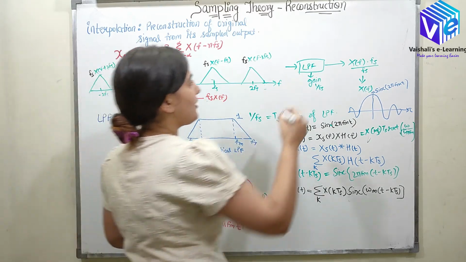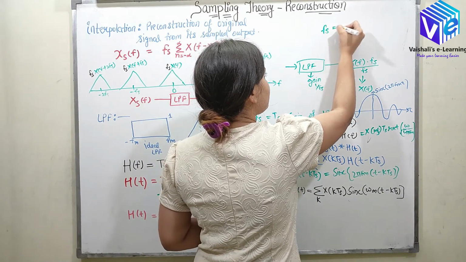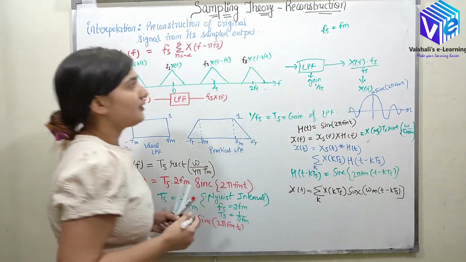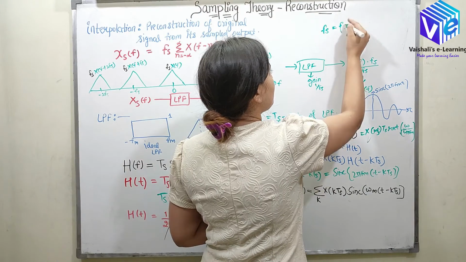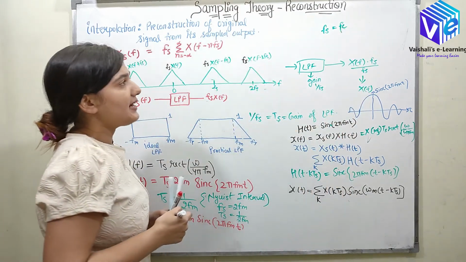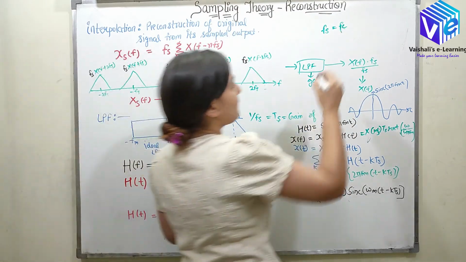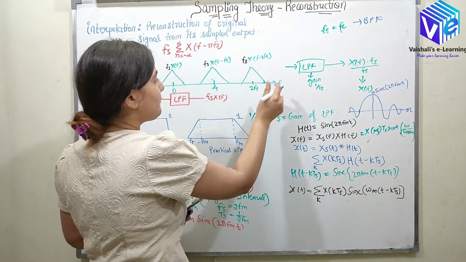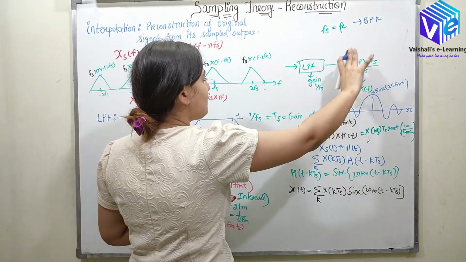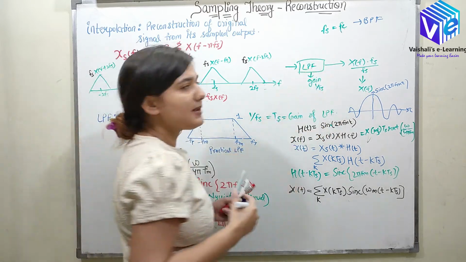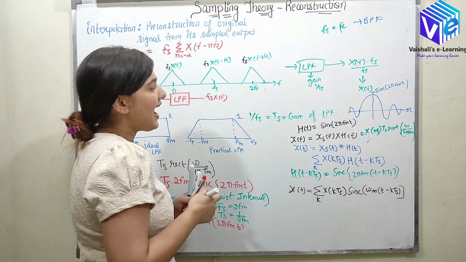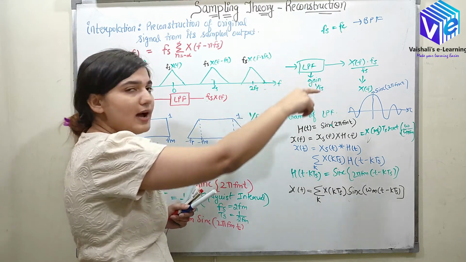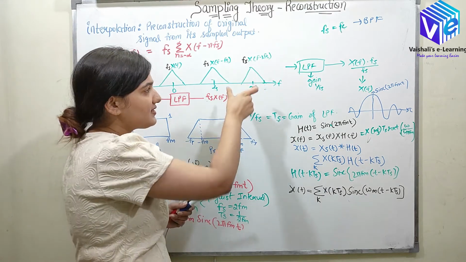Somehow, if I take fs equal to fc, at the carrier frequency, if I put a band pass filter, let's suppose at some higher portion of the frequency I'll have a carrier frequency, and at the carrier frequency I also have a sample of the signal.